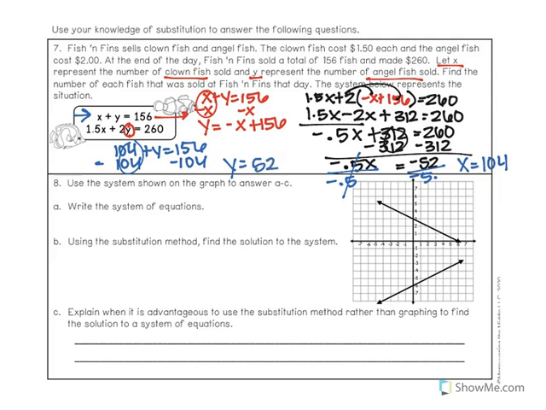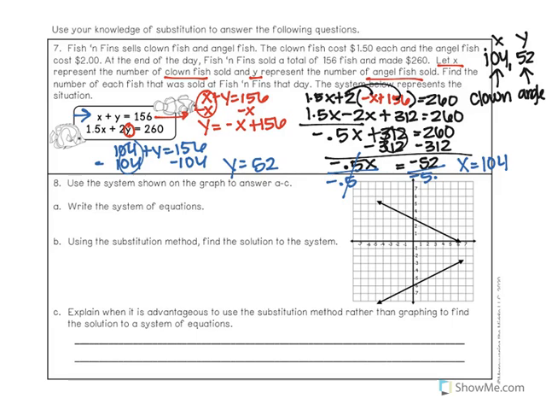So when I write my answer, yes, my x is 104 and my y is 52, but 104, which was my x value, represented the clownfish, and this would be the angelfish. So there are 104 clownfish and 52 angelfish.